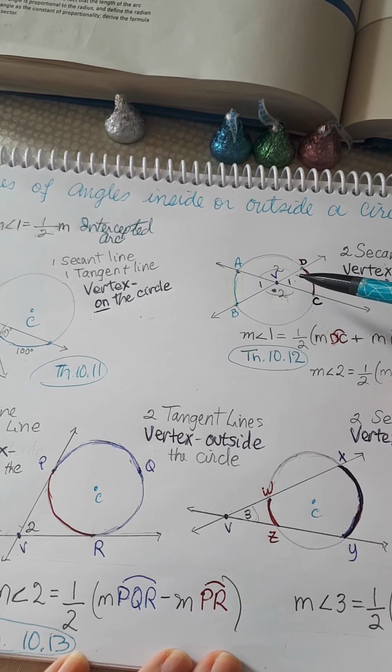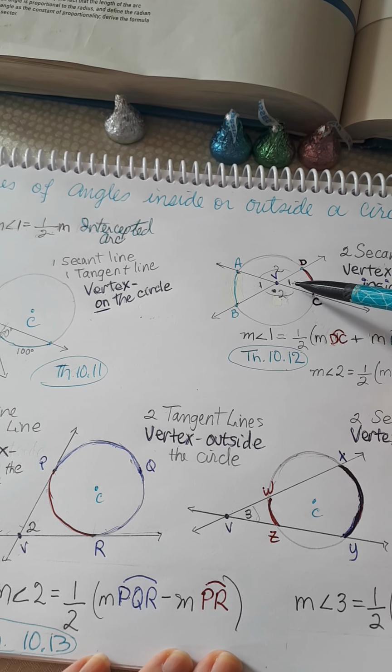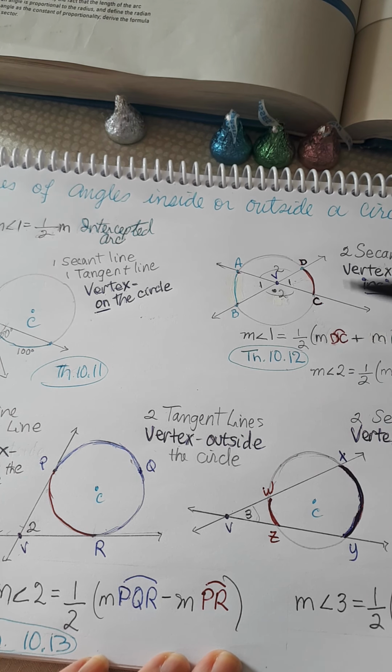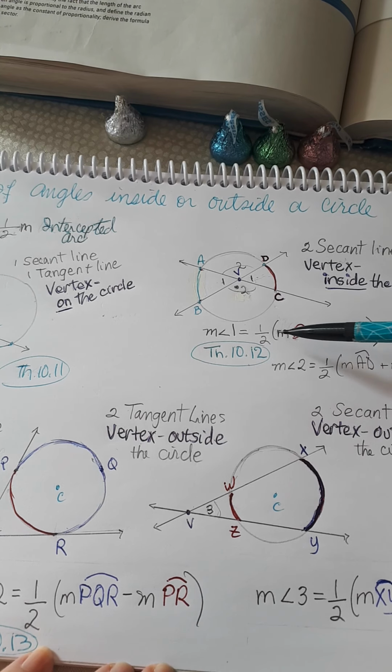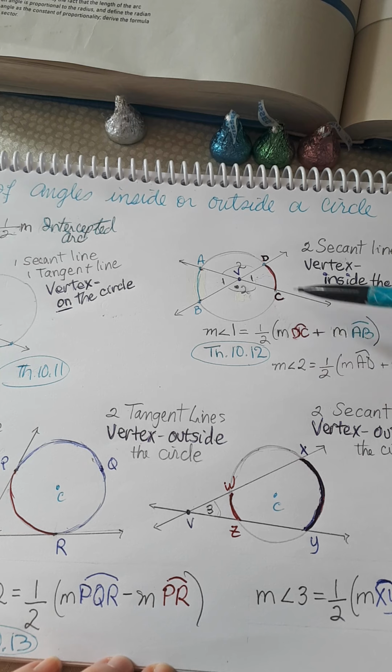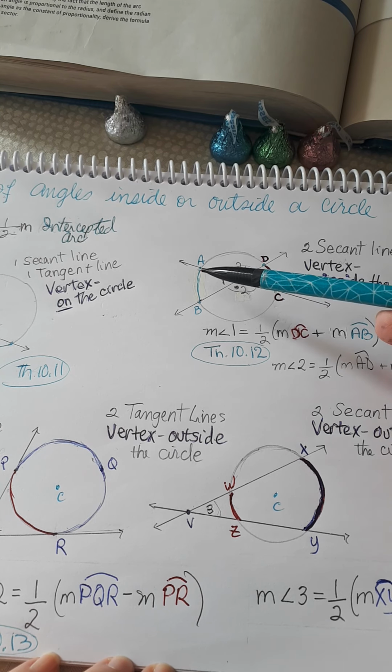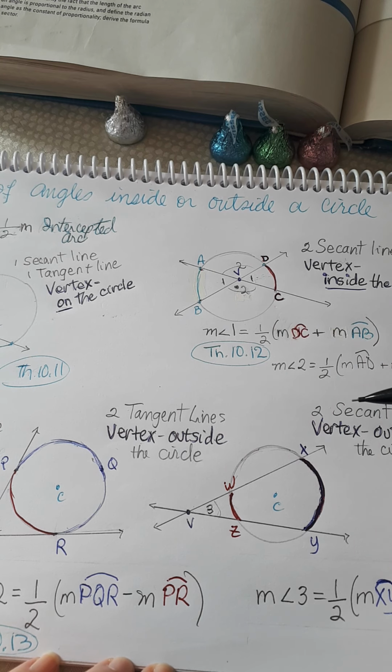The measure of angle 1 will be the sum of the measures of the arcs intercepted by angle 1 and its vertical angle. So angle 1 will measure 1/2 the measure of arc DC plus the measure of arc AB.